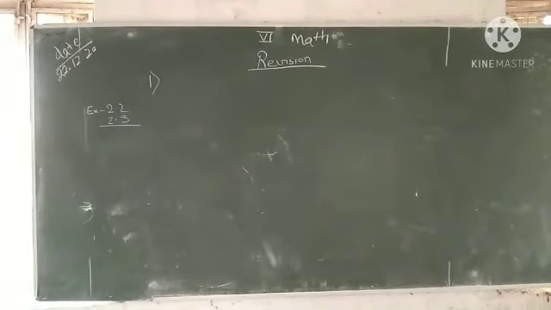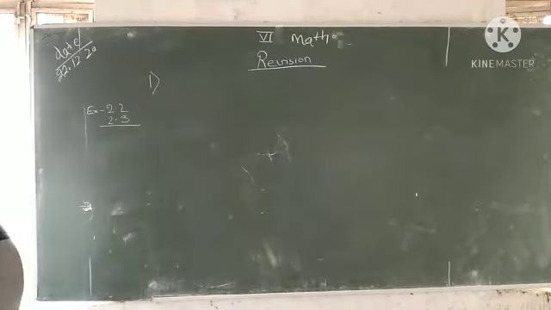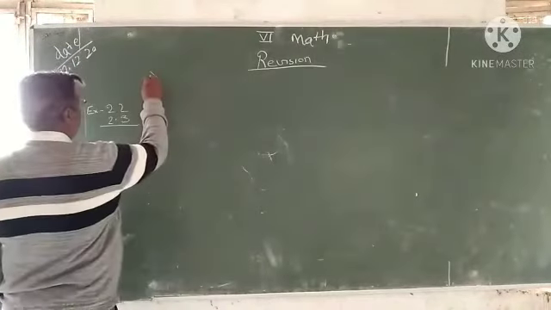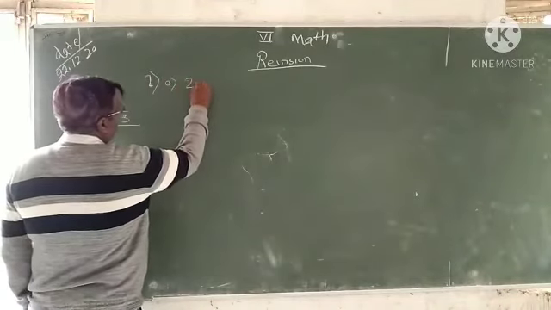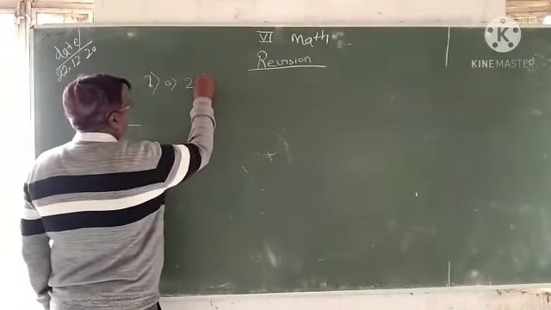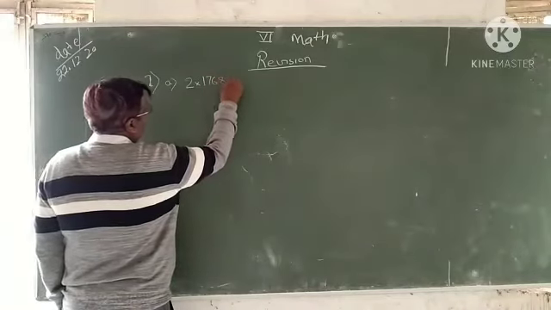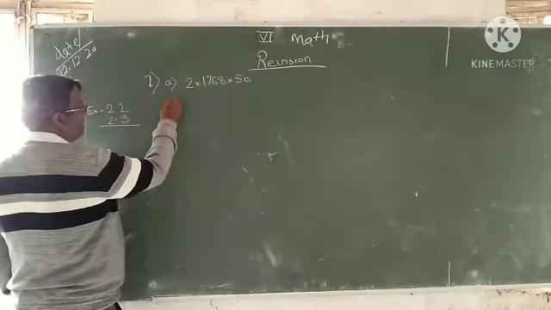In the next question, find the product by suitable rearrangement. Product means multiply and sum means plus. The very first figure is 2 into 1768 into 50. We need to arrange them.